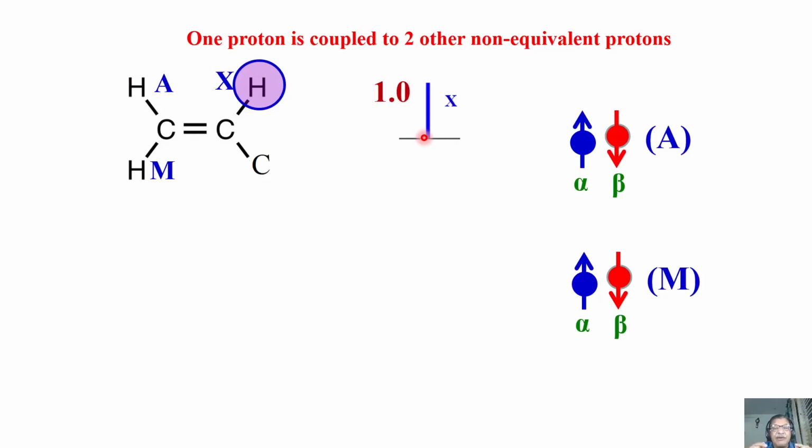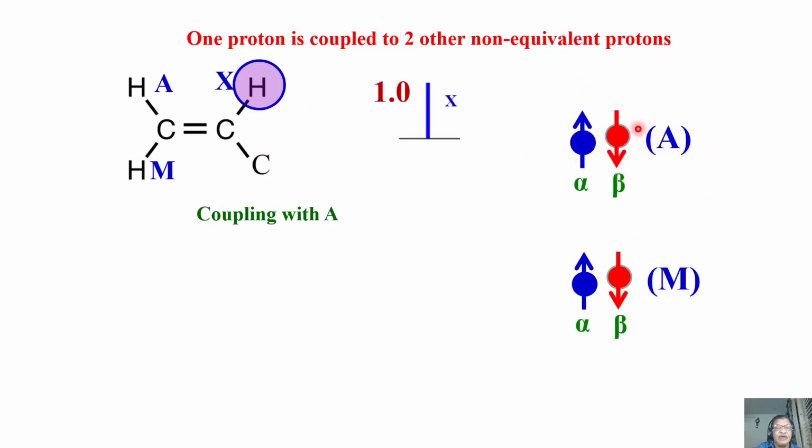Now, what I will do is bring in the coupling of this with proton A. What are the possible orientations of proton A? Alpha and beta spin states. Now the proton X sees proton A in two possible orientations. The magnetic moment of proton A is alpha or beta in the magnetic field, so these are two different energy states.